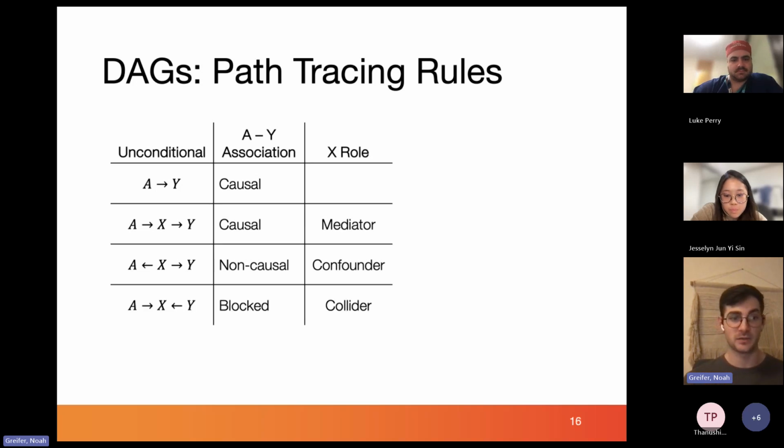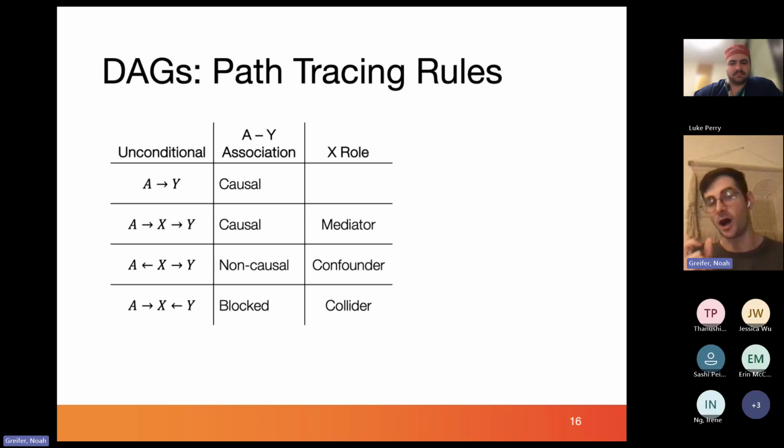And then finally, when we have two variables that cause a third variable, so when A and Y both cause X, there is not an association between A and Y, unless there is some other association for some other reason. But simply two variables causing a third does not automatically mean that those two variables are associated with each other.